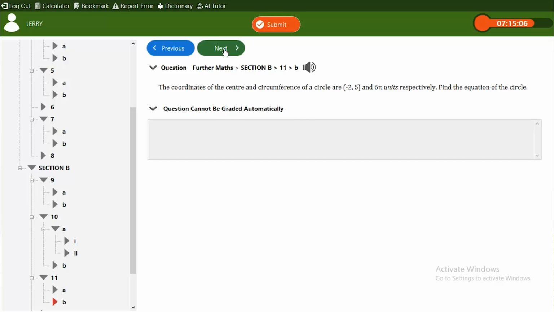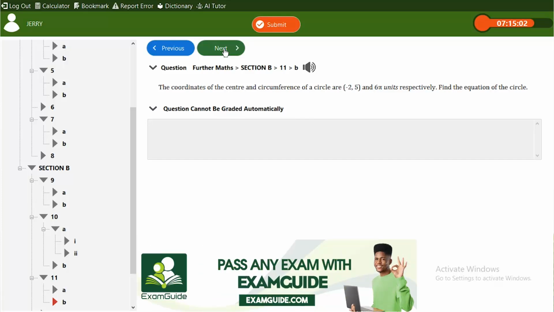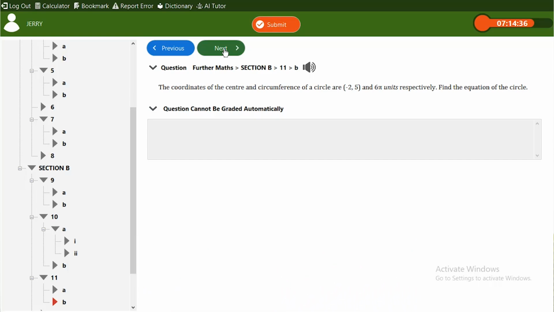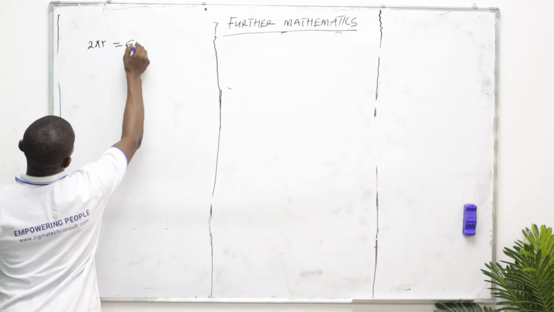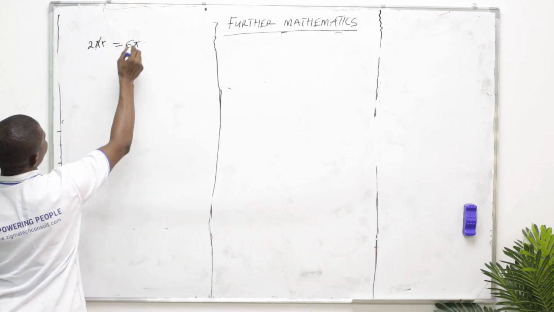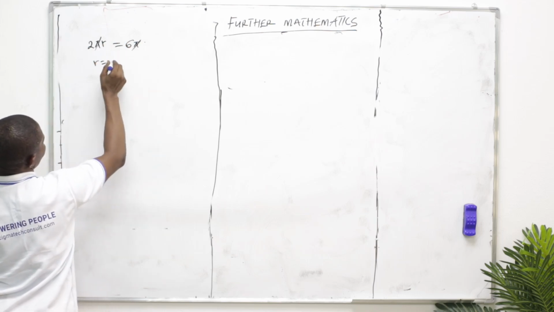Now, we are given the circumference of a circle and the center of a circle. So, circumference of a circle is 2 pi r, which is equal to 6 pi. Pi here, it means the radius of the circle is 3.